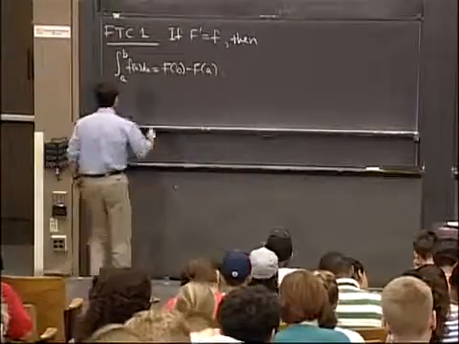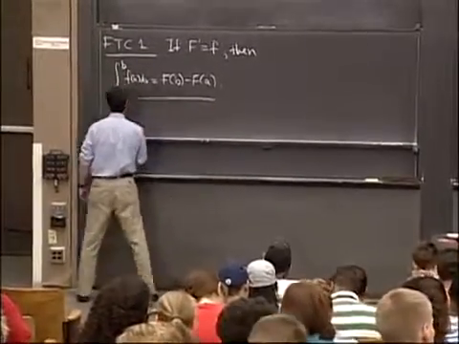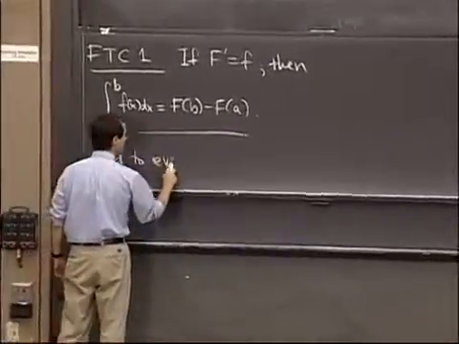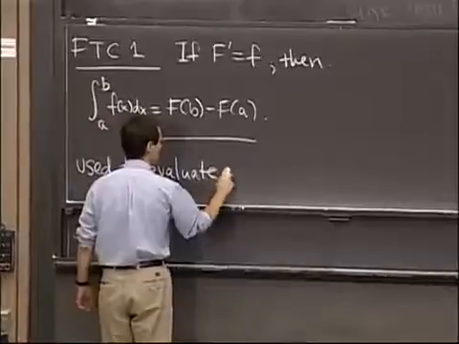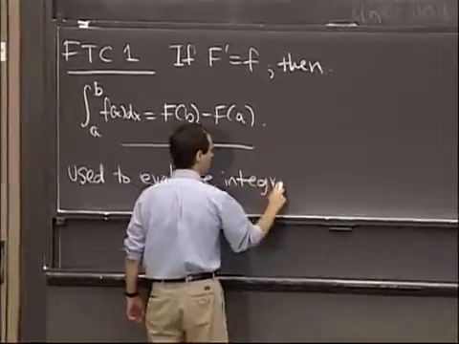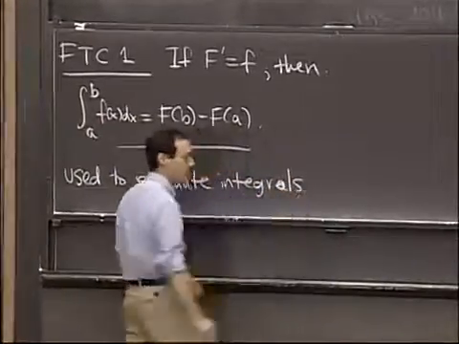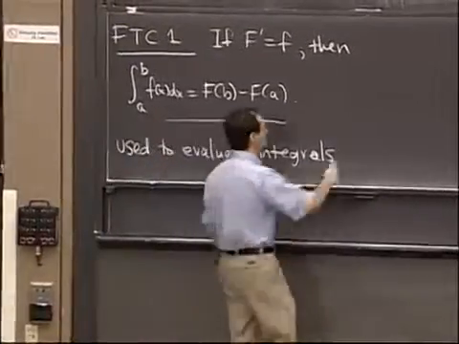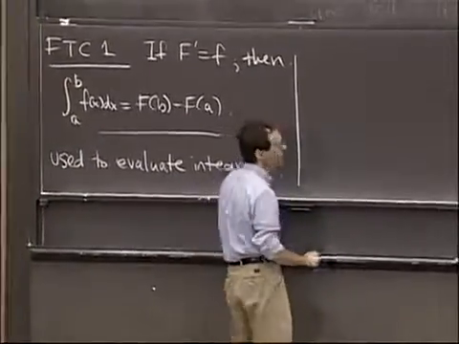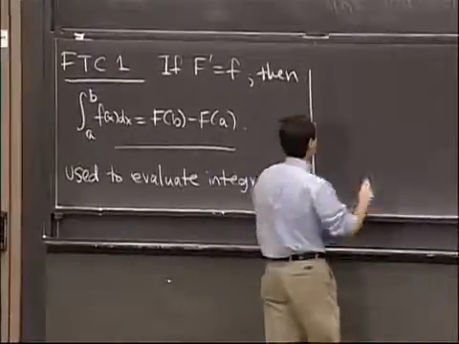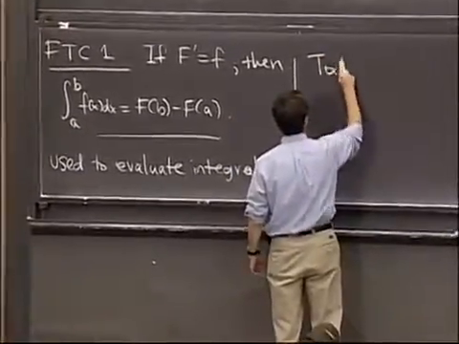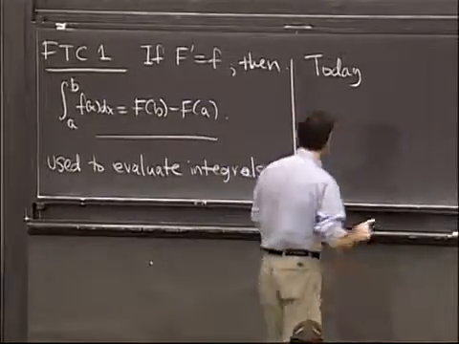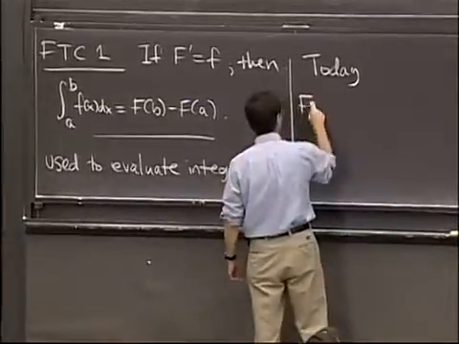The way we used it last time was to evaluate integrals. Not surprisingly, that's how we used it. But today I want to reverse that point of view. We're going to read the equation backwards, and we're going to write it this way.